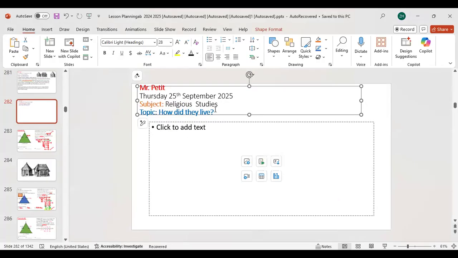The topic is how they lived. We already did the birth of John and Jesus announced. What was the name of the angel that had the privilege of sending the message to both of them? Gabriel, very good. Gabriel came to who, instead of Elizabeth?